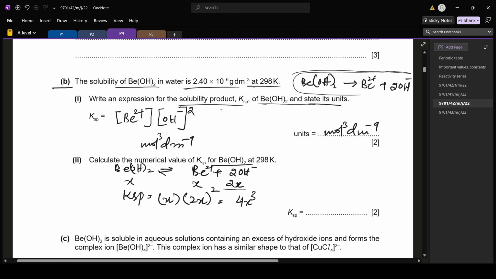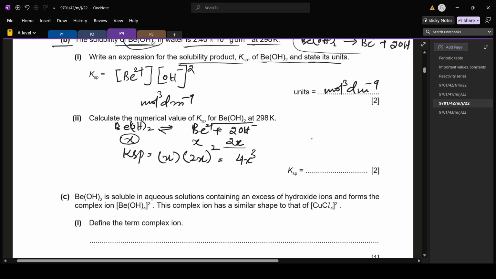Now you are given the solubility of barium hydroxide, which is X. But this is given in gram per dm cubed. So firstly we will convert this value into mole per dm cubed, and for that we will divide 2.4 times 10 to the power minus 6 by the Mr of barium hydroxide.